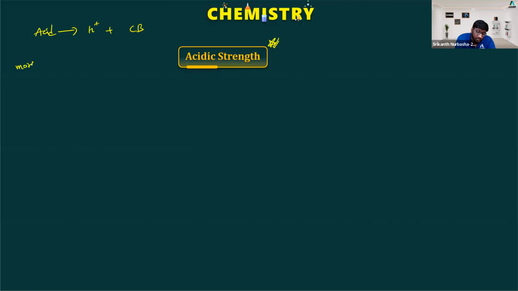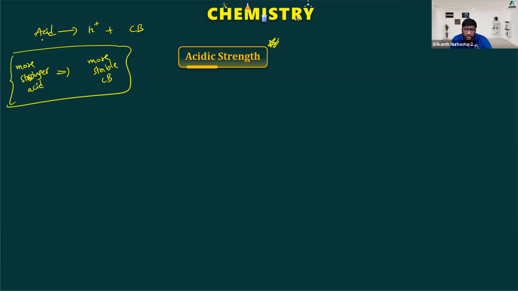A more stable conjugate base means a stronger acid. Understand this point carefully. If the acid is stronger, then the conjugate base should be more stable. The more the stability of the conjugate base, the stronger the acid.